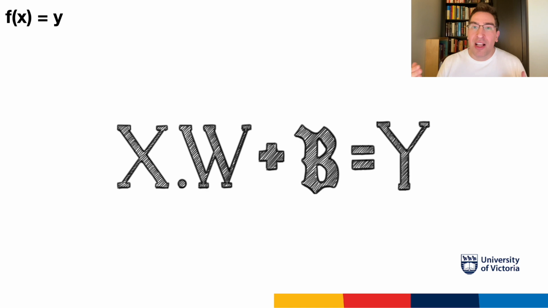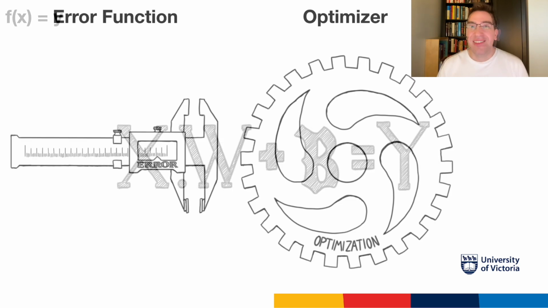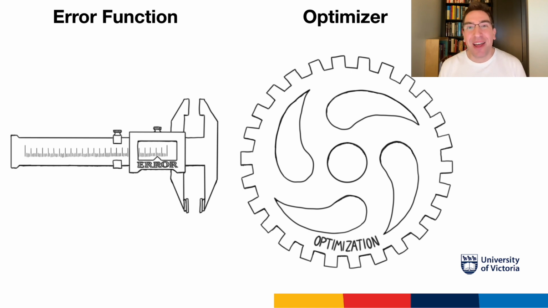And here, as the error goes down, those weights and biases that represent connections between layers are tuned to reduce the error further. There are some other mechanisms to consider. On the left, we have the error function. There are all sorts of different types of error functions depending on the data that's being trained.